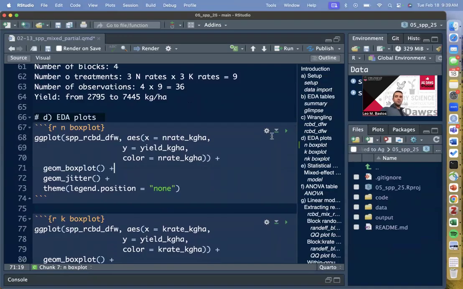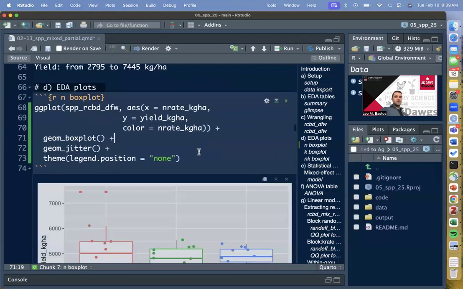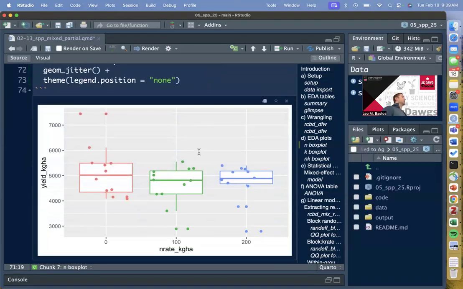After doing those tables, we always do our EDA plots, which again have not changed. It's still the same data, so we're not going to spend a whole lot of time here. In preparation for your exam, I just want you to know that you will be asked to interpret some plots. If you are having trouble interpreting these plots, you have to either let me know or study on your side.